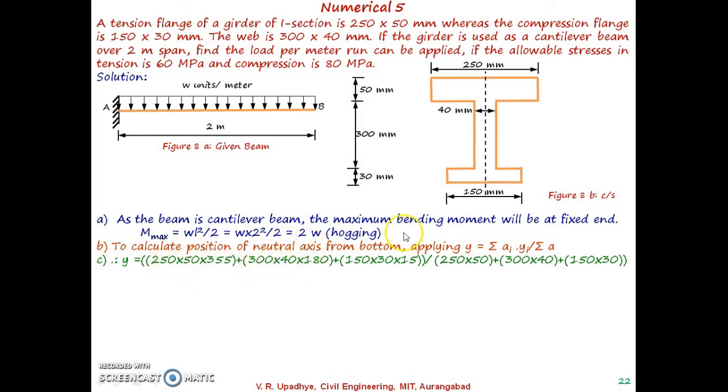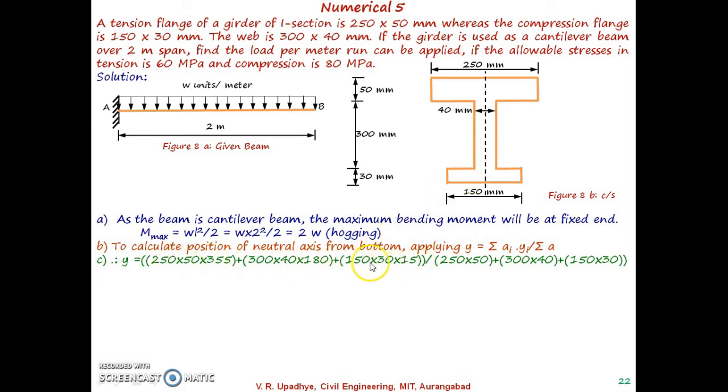Then A2 Y2 is for the area of the second rectangle, the web, 300 by 40, and its centroid will be at 150 mm from the top of the bottom flange, and 30 mm is the thickness of that bottom flange. So 150 plus 30 gives us 180. So 300 by 40 into 180 is A2 Y2, plus now A3 Y3, regarding the bottom flange, 150 by 30 is its area, and from bottom its centroid will be at 15. So that gives 150 into 30 into 15.